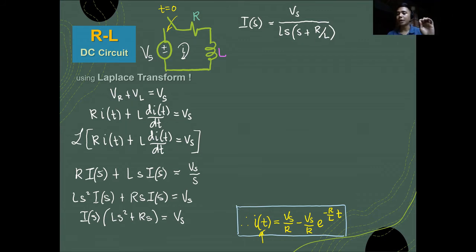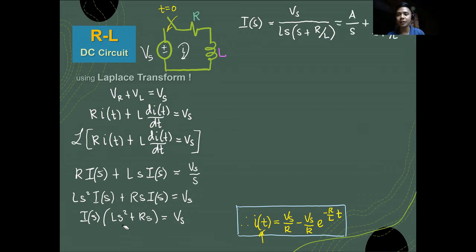Now, there is a technique we call partial fractions, which you will learn later on. Here you can see that you need to make two terms, removing the s squared, because in this case you have s squared. Then you need to separate the two terms, the Ls and then s plus R/L.